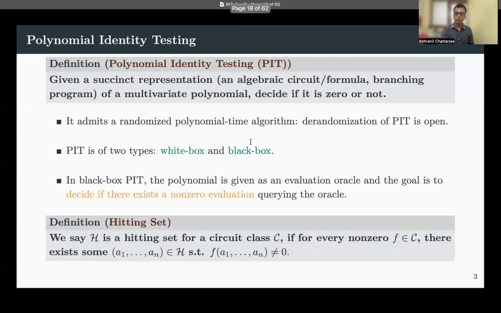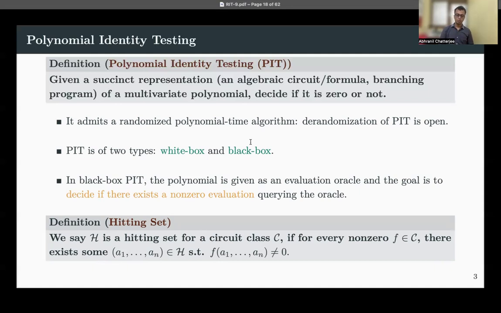An important notion regarding black box PIT is the notion of a hitting set. A hitting set is just a list of evaluations. A hitting set H for a circuit class C is defined as follows: for every non-zero polynomial in the circuit class, there must be one non-zero evaluation in that hitting set H.